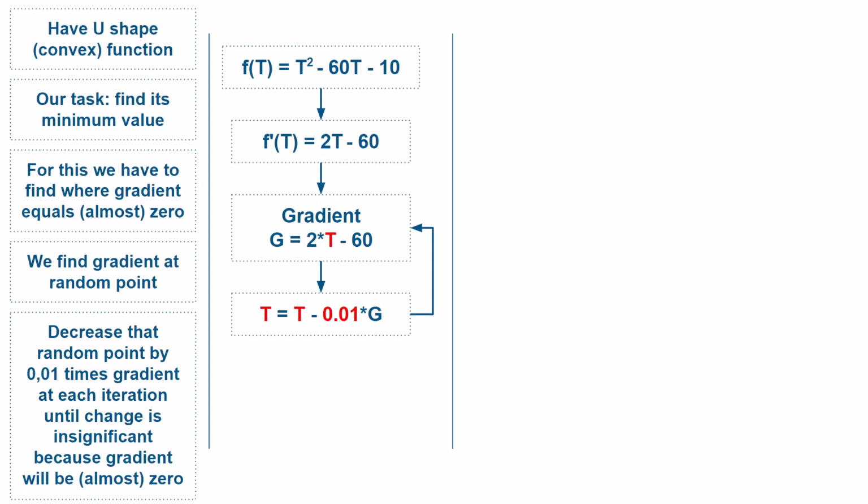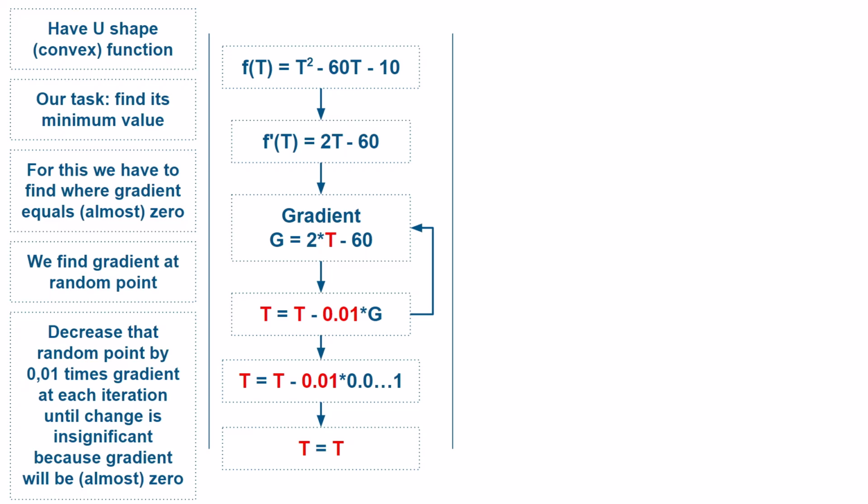This will happen because the gradient will be 0 or almost 0, and we will come to the point where t will be equal to t. If you have difficulties till now, I would recommend you to refer to the previous 2 lectures.